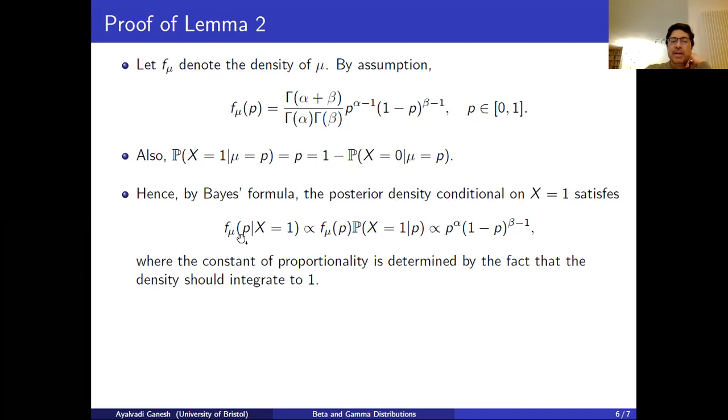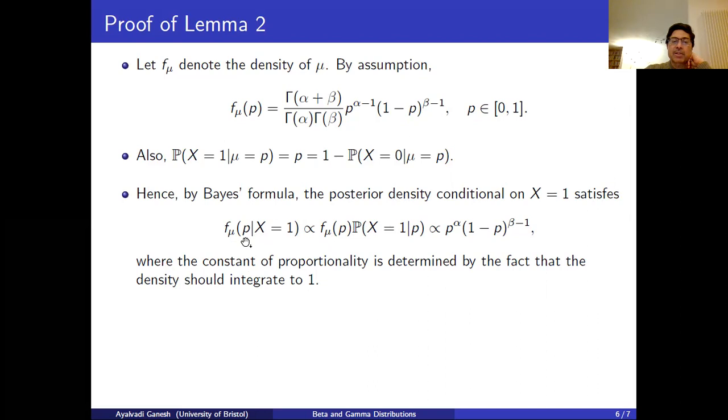So the posterior density is proportional to the prior density times the likelihood of observing 1 given p. Okay, and you have a similar thing if x took the value 0, but let's focus on the case where we are conditioning on x equals 1.